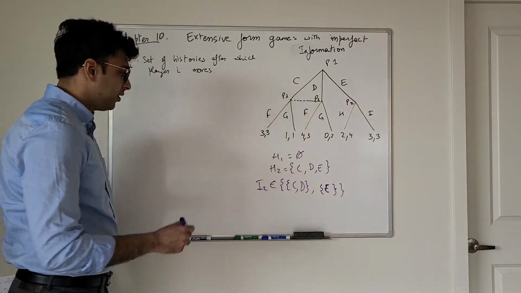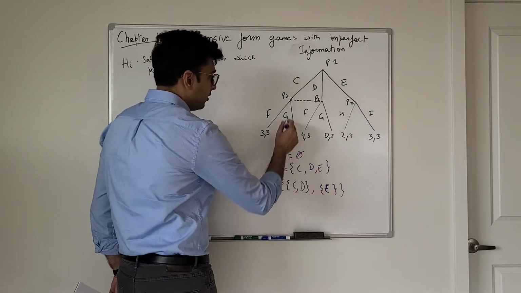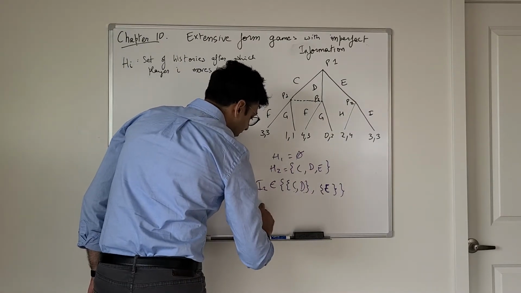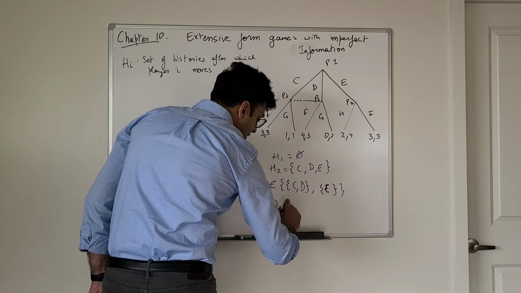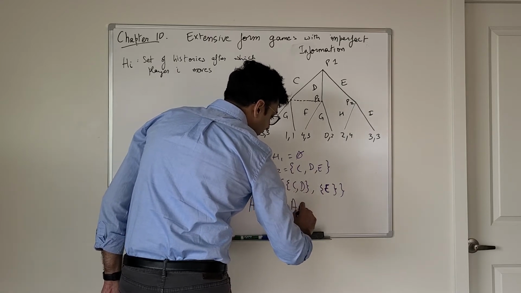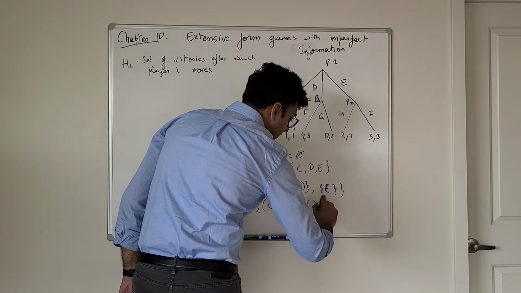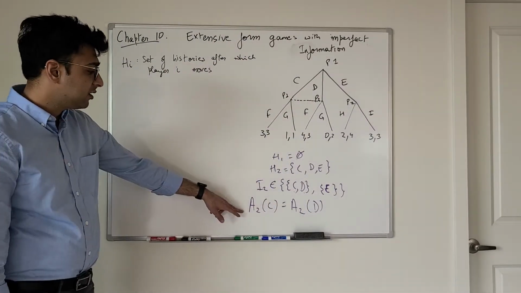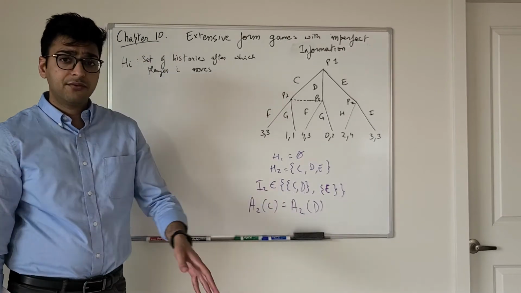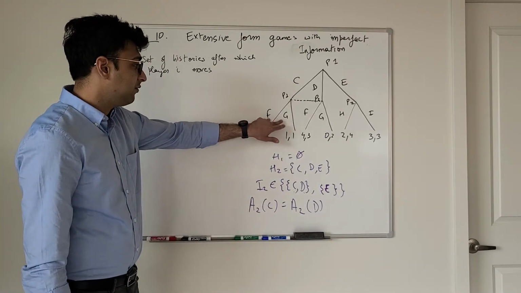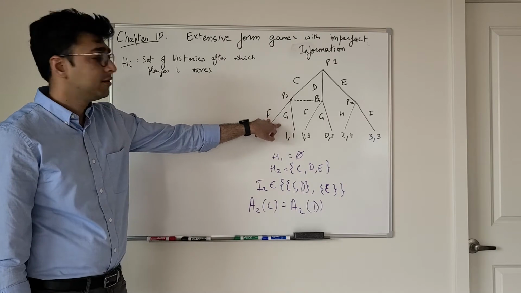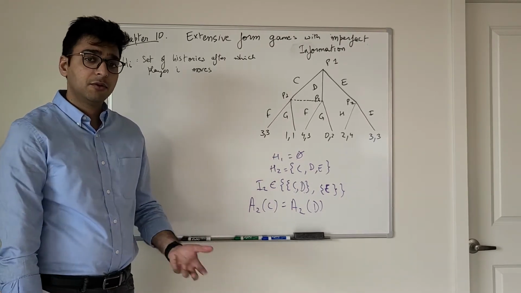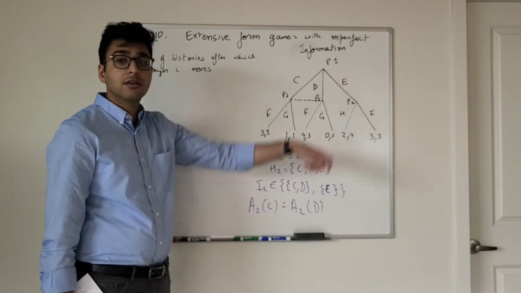In order for C and D to both belong in the same information set, the actions that are available to player 2 after C should be equal to the actions that are available to player 2 after player 1 has played D. If the actions that are available to player 2 are different, if instead of F and G here we had J and K, then player 2, just by observing the actions available, would surmise what has happened.